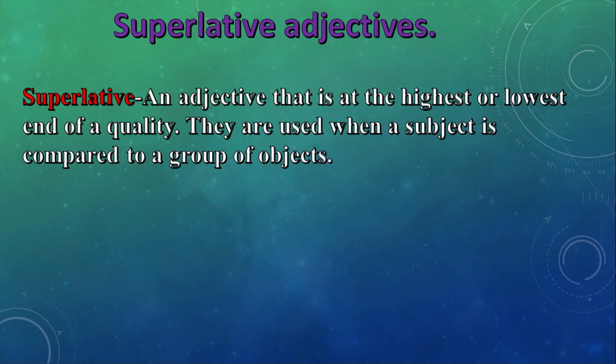You can have two people, and one of them is taller than the other. But then you can have a group of 5 people and there's one person who is taller than everybody else. What you can say is that person is the tallest. They are the highest end of the quality of height that we are dealing with in this example.